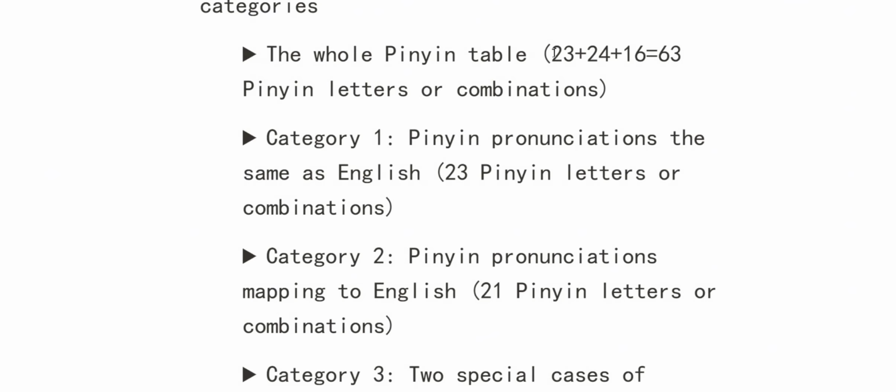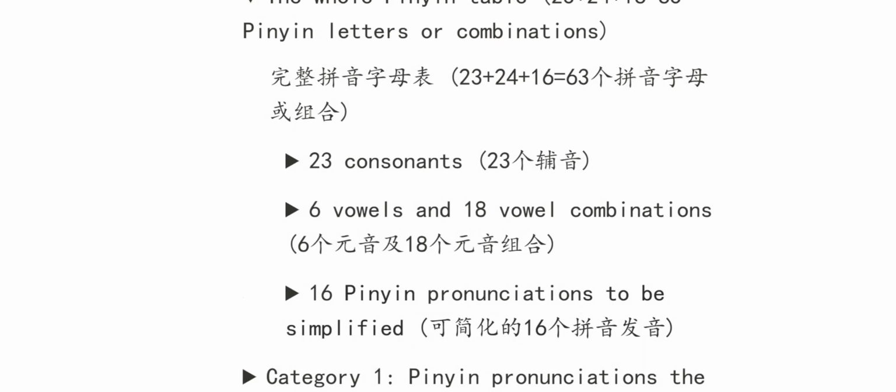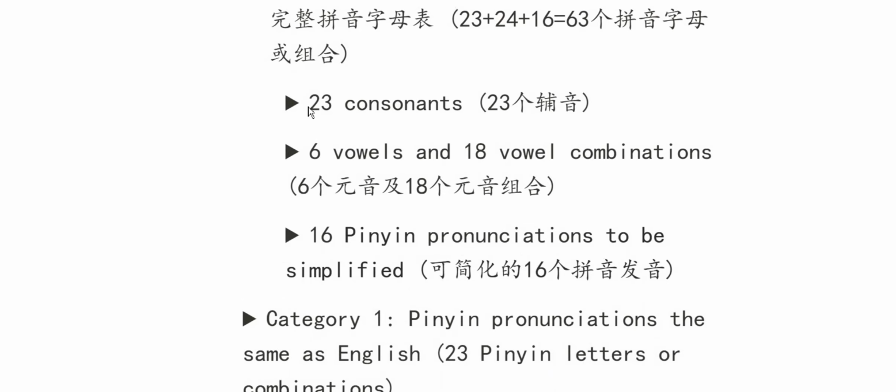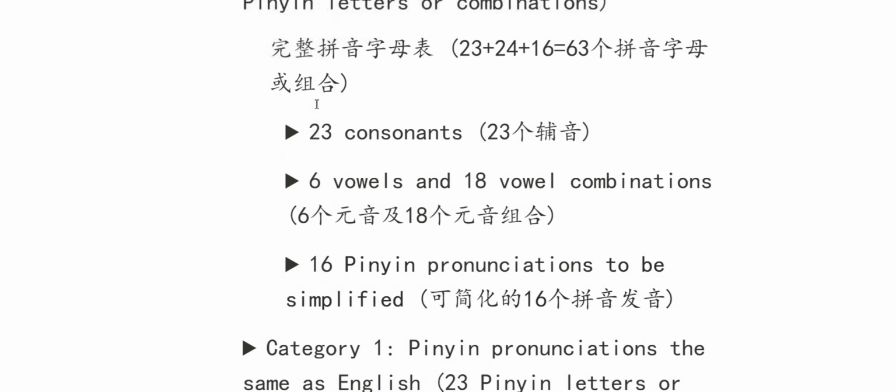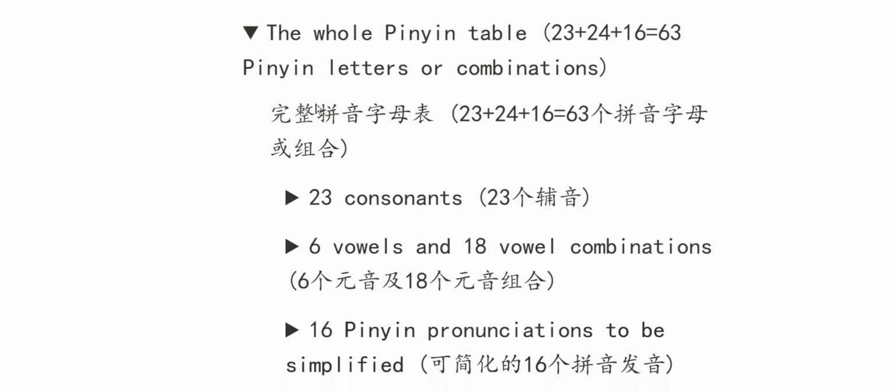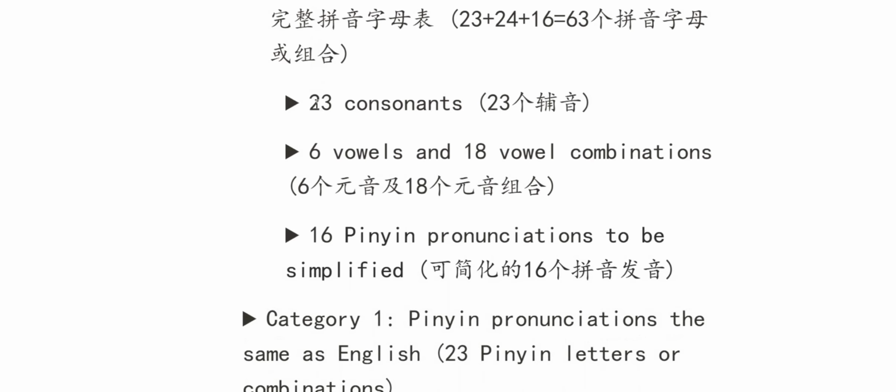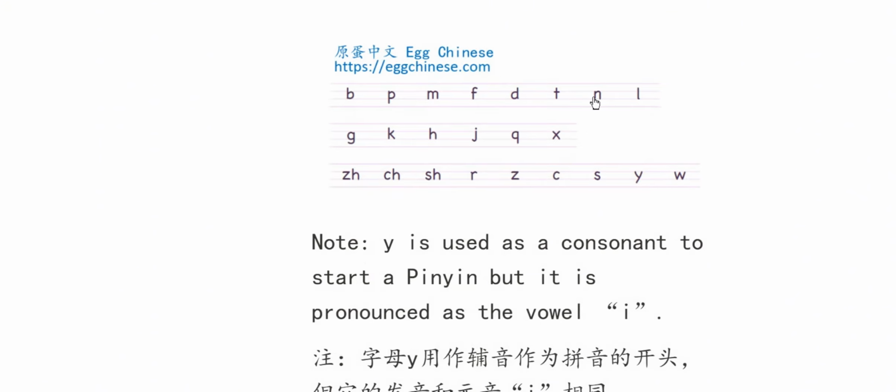It includes 23 plus 24 plus 16, that is 63 Pinyin letters or combinations as below. So first of all, 23 consonants as below.